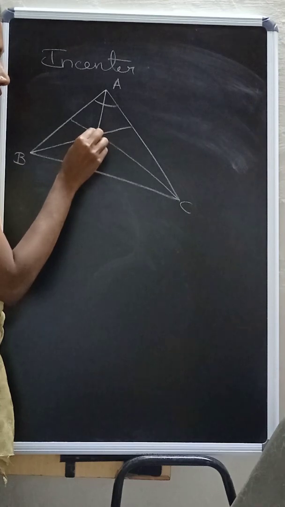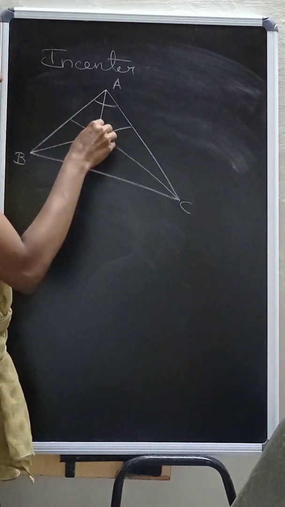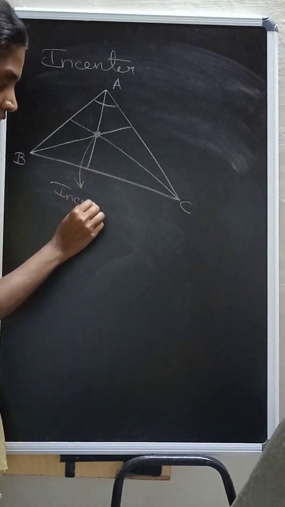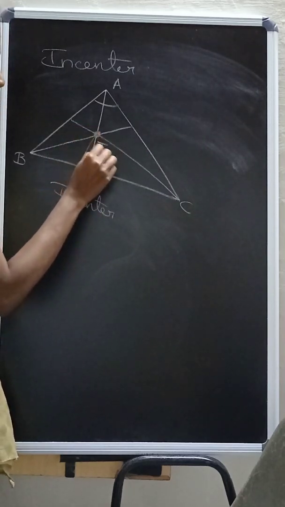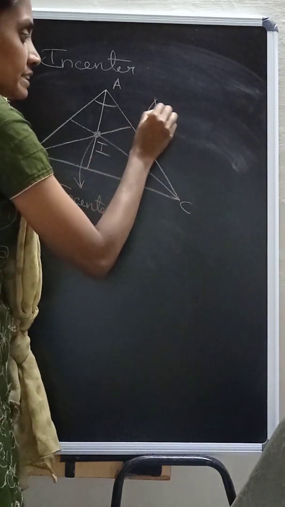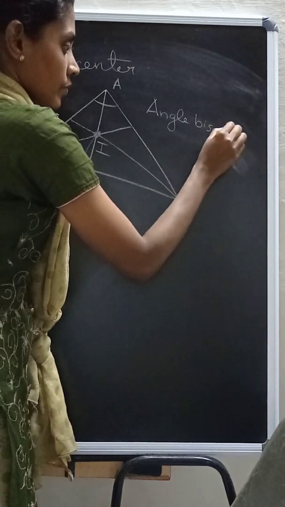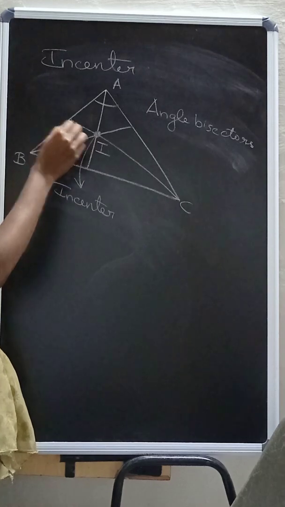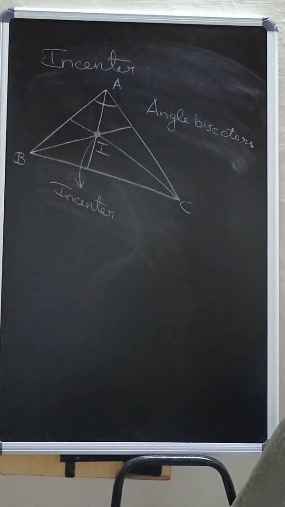And these three intersect at a point of concurrency. And this point of concurrency is called incenter. And it is denoted by the letter I. So, the three angle bisectors of a triangle meet at a point called as the incenter.